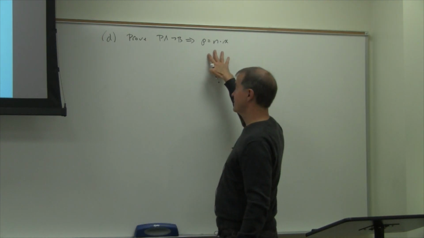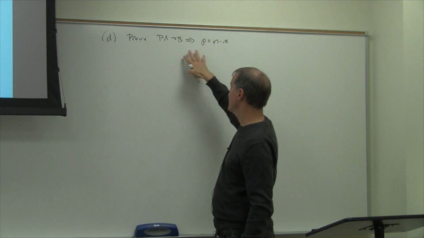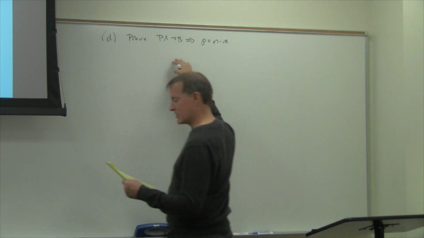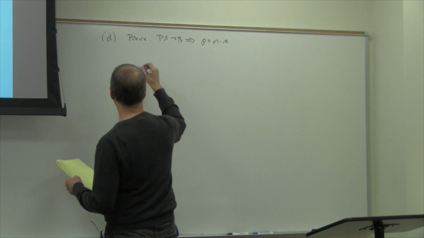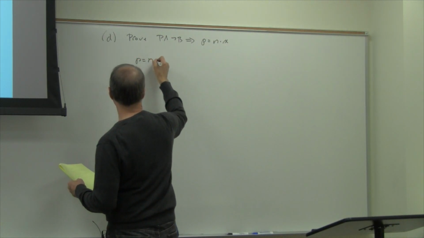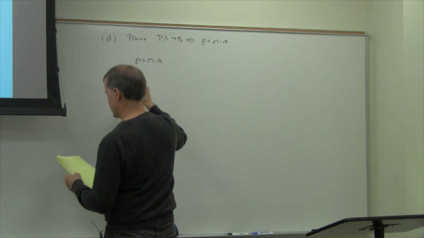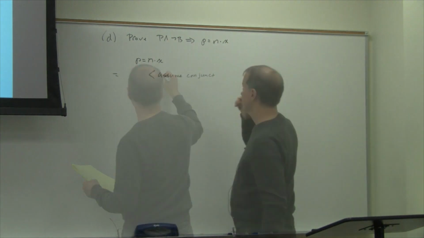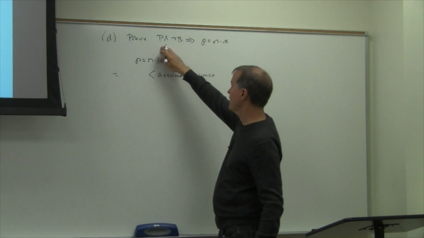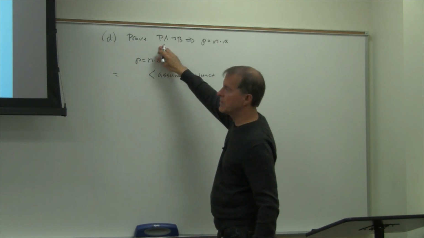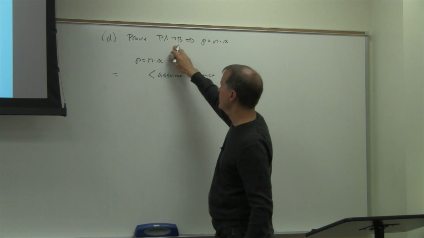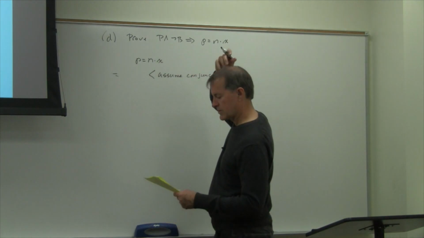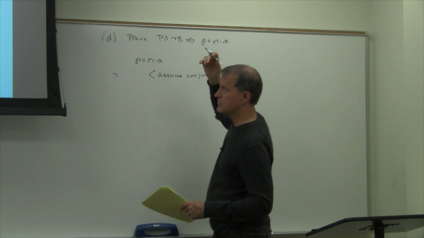Well, let's assume the conjuncts of the antecedent, right? So we'll start with P equals n times x. We will assume conjunct what? Well, what do we have to work with here? We have P, a bunch of conjuncts in P, and we also have a not B. So what's one of the conjuncts we can assume?